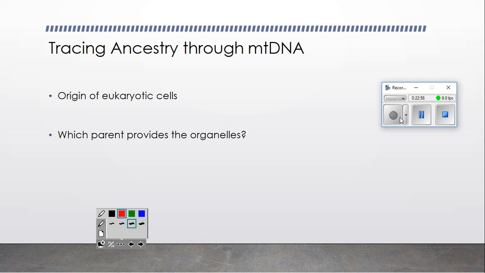So one of the things that scientists have started to study is mtDNA, which is mitochondrial DNA. And you might think, well, how is that different? One of the things researchers have discovered is that mitochondrial DNA is different than the DNA that is in the nucleus of your cell.